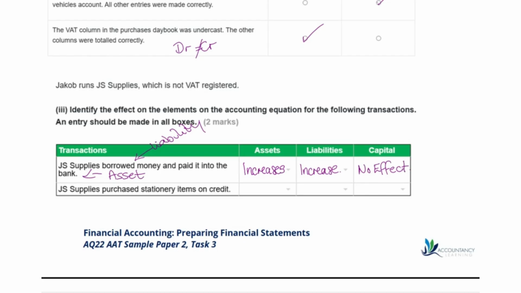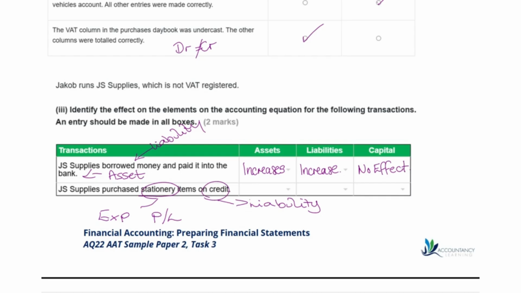JS Supplies purchase stationery items on credit. So here again, we've got a liability account. We're purchasing on credit, so we'll need to pay later. And now stationery is an expense, so that will affect the profit or loss, the statement of profit or loss.